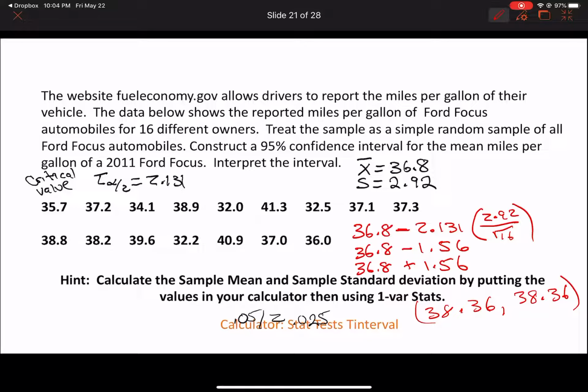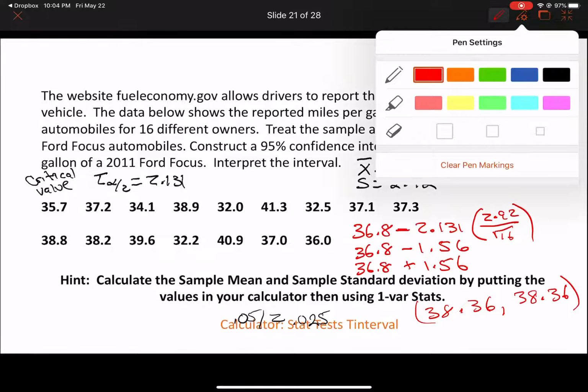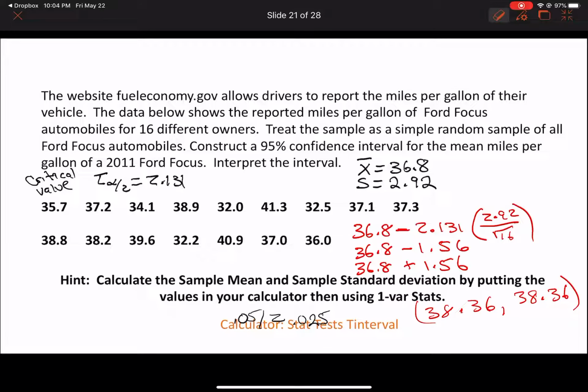Beautiful. Okay, so I have 38.36, and I did plus twice. Man, I'm losing my mind. Okay, let's try this one more time. 36.8 minus 1.56 equals.